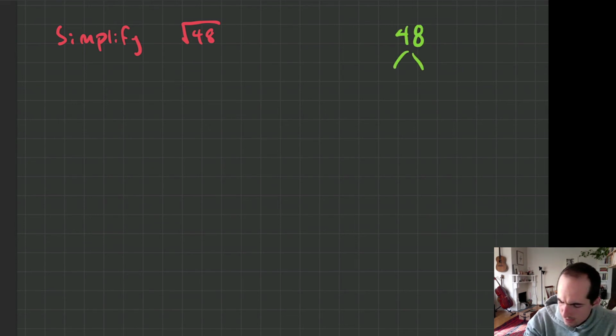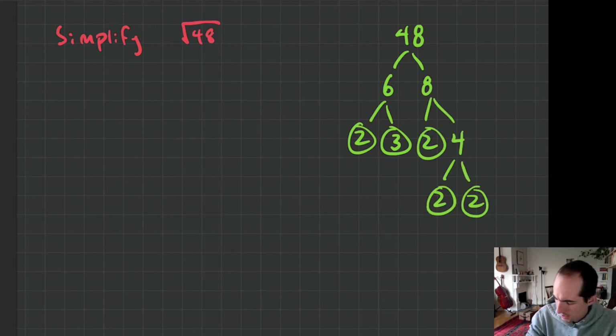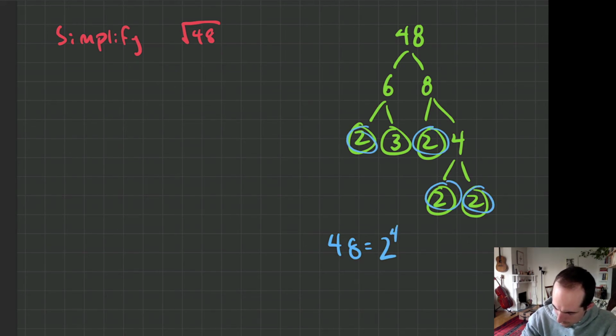When I look at 48, I think of 6 times 8. 6 is 2 times 3. These are prime. 8 is 2 times 4. 2 is prime. 4 is 2 times 2. Looks like we have a lot of 2's here. So 48 is equal to 2 to the power of 4 times 3.